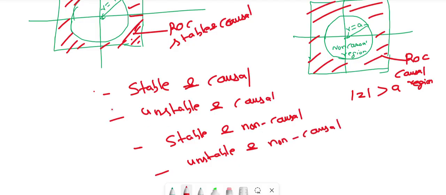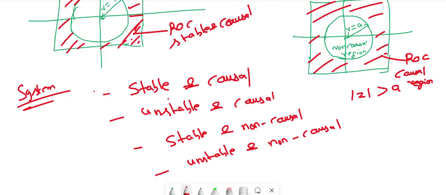We can classify the system into different categories depending upon the poles. You have to determine the poles of the system. So for the given function, whether the system is stable or not depends on how the poles are located.